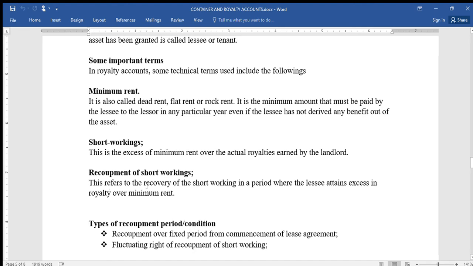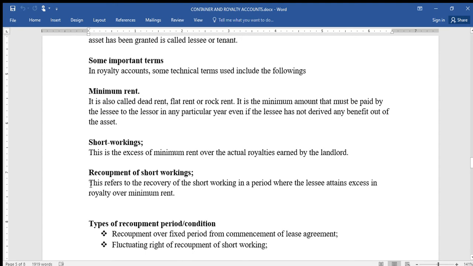Then we have recoupment of short workings. Recoupment of short workings refers to the recovery of short workings in a period where the lessee attains excess in royalty over minimum rent. Here the landlord might give you a chance to recover the short workings that you incurred. So in the next year, maybe the actual royalty of the landlord is supposed to be like 2 million. But remember, in the previous year, you already made a short working of 100K.